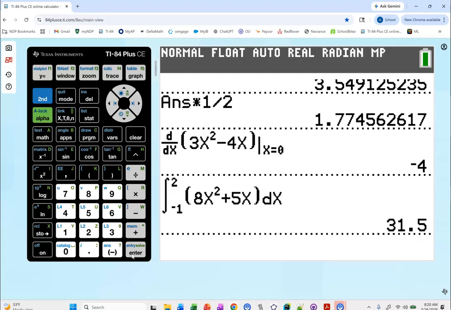On the IB exam, there'll be problems where you will not be able to do the integral by hand, where they'll expect you to know that you can do this definite integral on your calculator, because they're going to give you stuff where you just don't know the integral rules on how to do it. Or there could be situations where nobody knows how to do it.